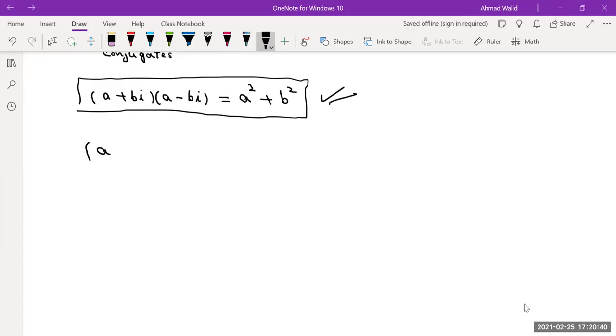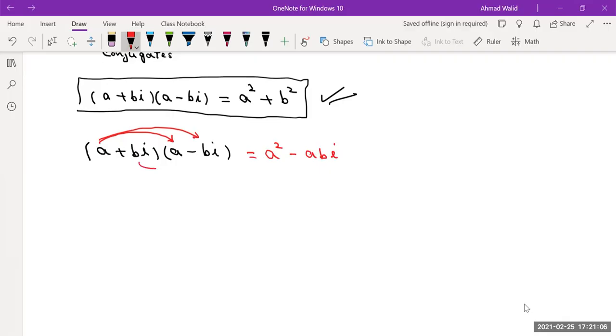Look, a plus bi times a minus bi. Let's use our FOIL method. Distribute the first term to both, correct? It gives you a squared minus abi.